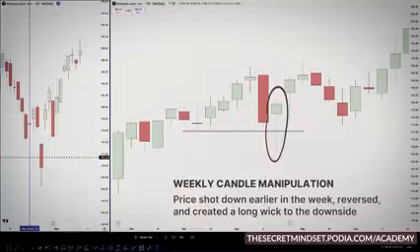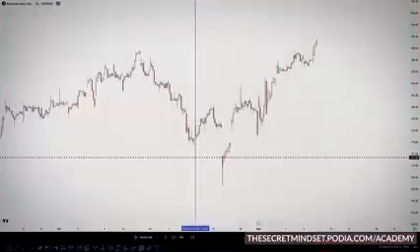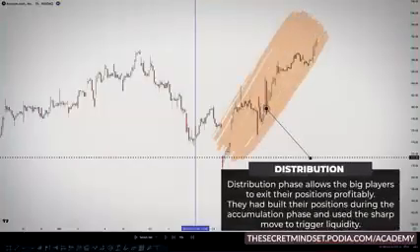and reverses, moving upward. Retail traders who sold into the sharp downward move are stuck in losing positions as the market turns against them. Their stop losses get triggered, or they panic and close their positions at a loss. The distribution phase allows the big players to exit their positions profitably.